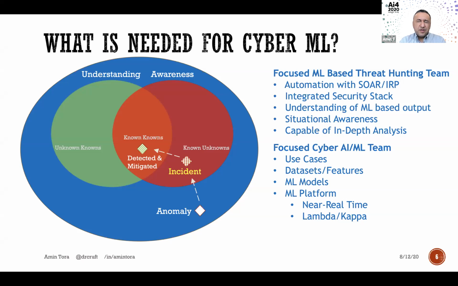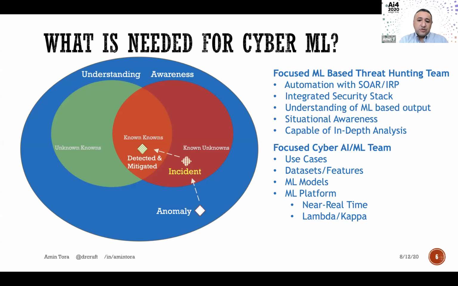This is where the team would develop use cases that are relevant to the gaps your organization has, and try to cover the unknown unknowns. That's where you analyze what data sets you need, what features, and you start developing models using AI and ML.